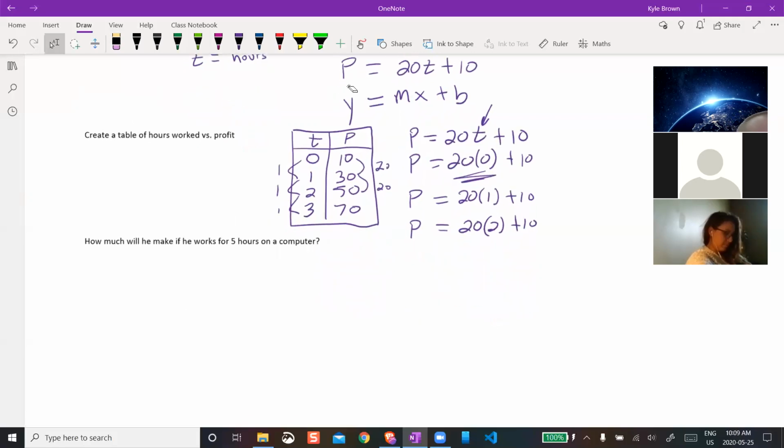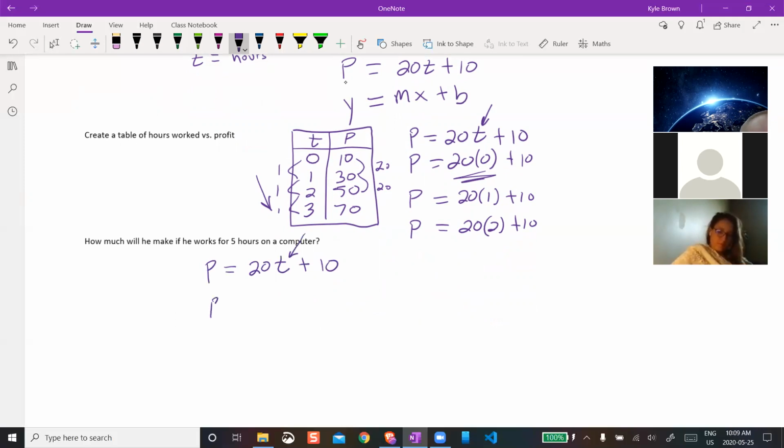And it says, how much will he make if he works for 5 hours on a computer? We could continue our table, or maybe you'll just go plus 20 to get there. But we have an equation for this. P is equal to 20 times T plus 10. I can just throw 5 in for my hours. That's the beauty of an equation.